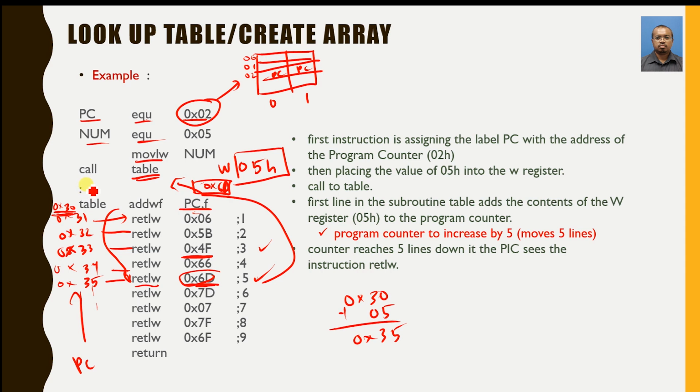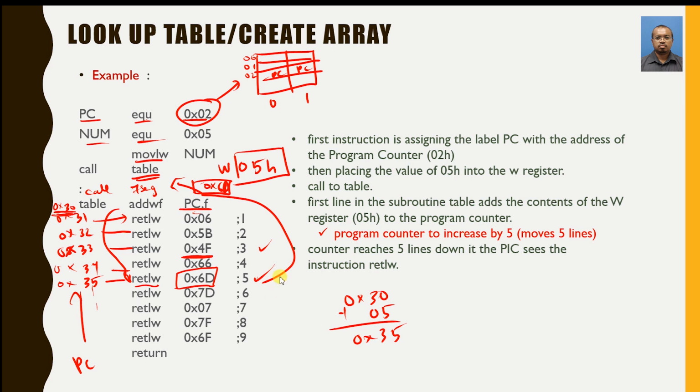After that you can just do another subroutine display, or just call 7 segment, whereby the number in the working register is sent to the 7-segment. So what happens here is the number 6D just now is sent out to the 7-segment.